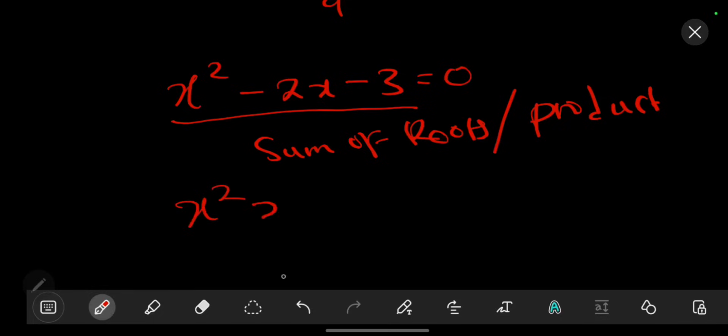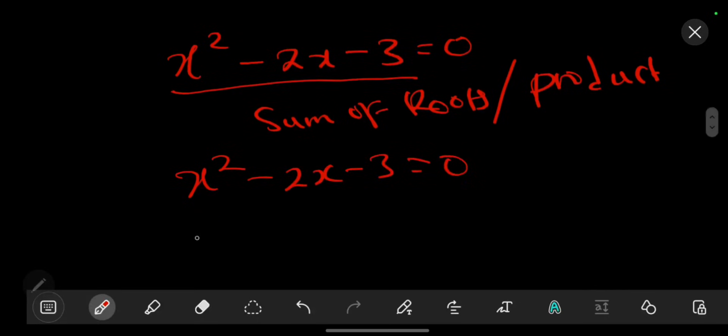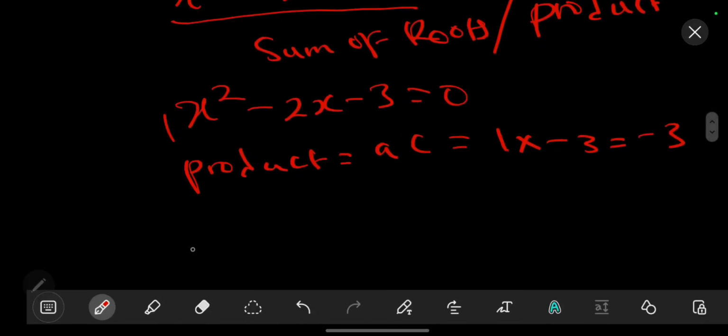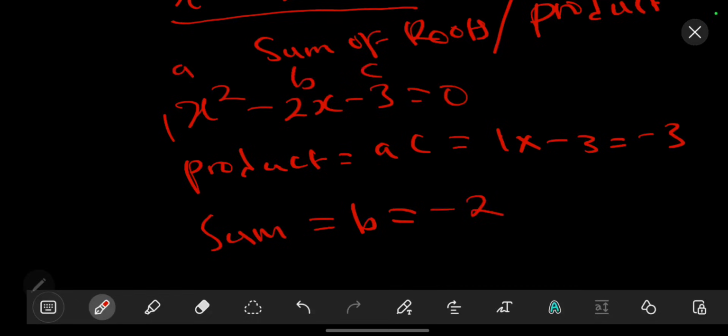We have x squared minus 2x minus 3 should be equal to 0. So our product should be equal to AC, which is 1 times c, which is -3. So our product is equal to -3. Our sum is equal to b, which is -2. So this is our a, this is our b, this is our c.